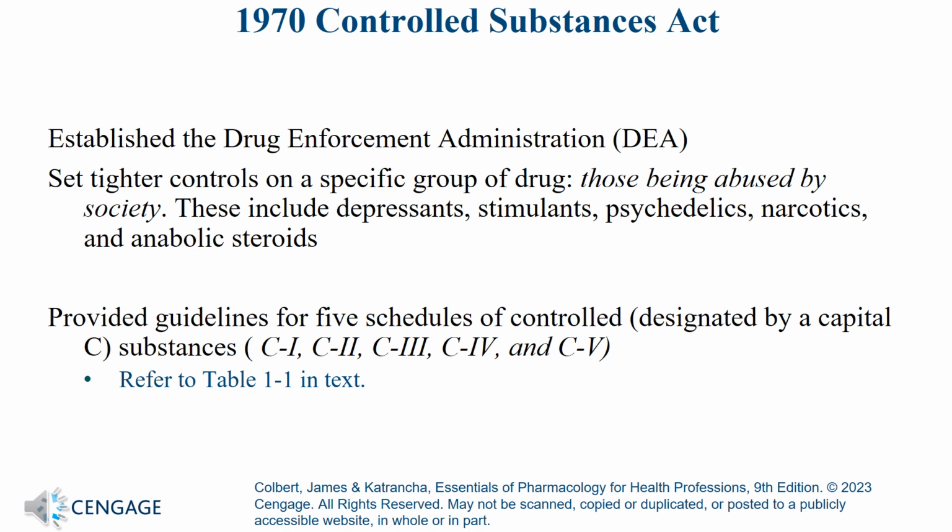They provided us with 5 schedules, which is like a guideline, and they are designated by capital C. You have C1, C2, C3, C4, and C5. In your book, you will see table 1-1 in the text for more information.